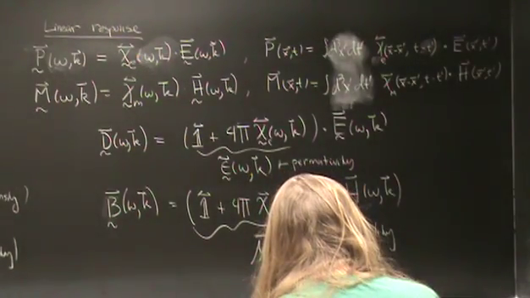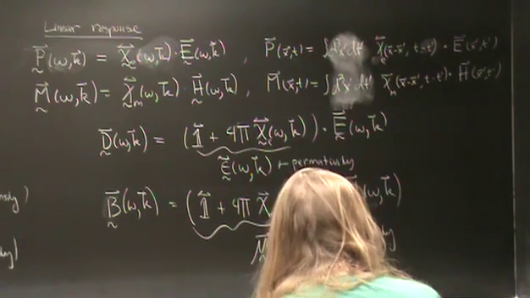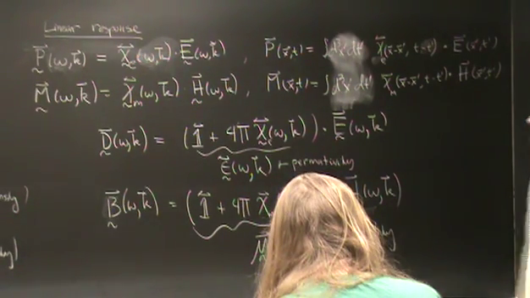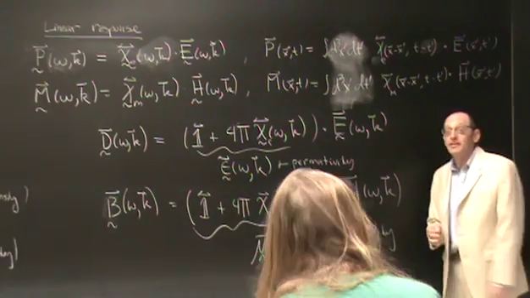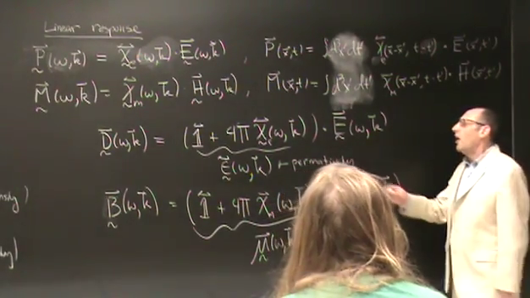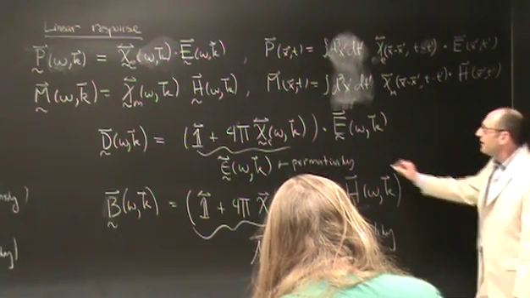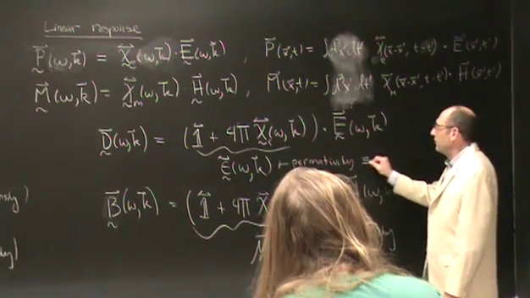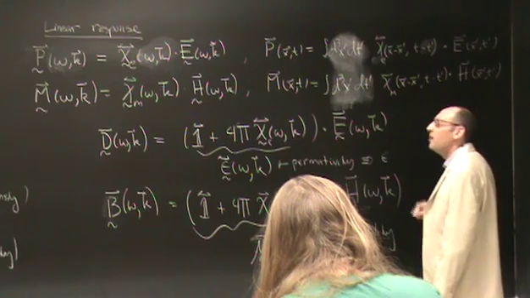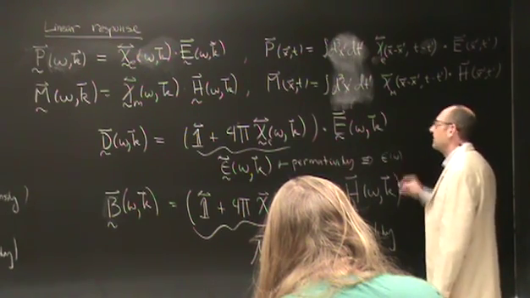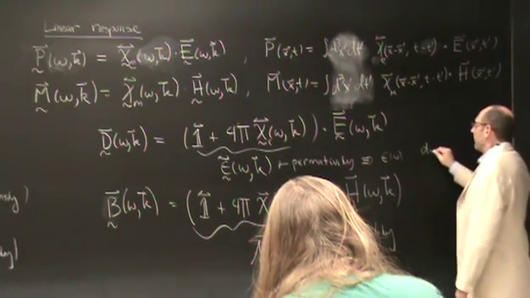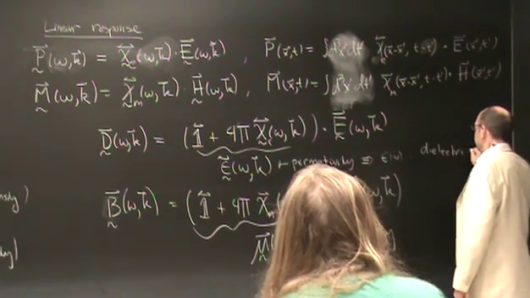Most materials, unless they're very special, aren't strongly magnetically responding. Typically the electric response is the most important. The permittivity then becomes just some number, maybe as a function of frequency. We call it the dielectric constant.